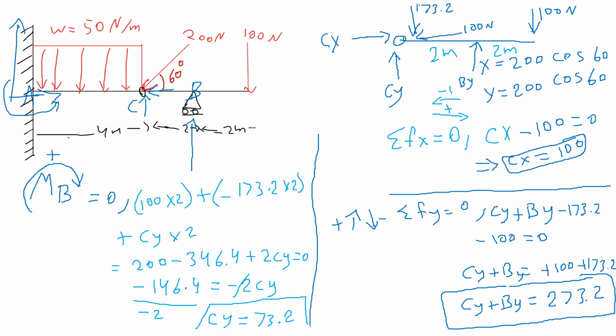We can stop here. We could take the Cy, take its value and put it over this Cy, and move it to the other direction. It's going to be minus 73.2, which means that the By is equal 200.